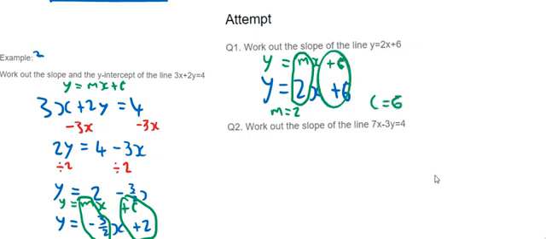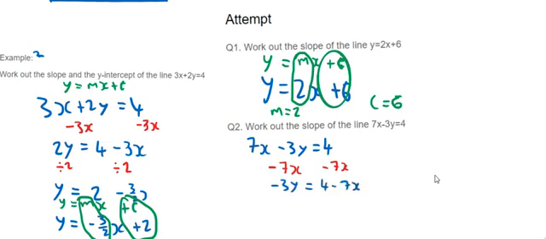The second question is a little bit harder because it's not in the form y equals mx plus c straight away. So you need to manipulate this equation again. If I subtract 7x, that removes the 7x from the left hand side, which gets me closer to getting just y, so minus 3y equals 4 minus 7x.